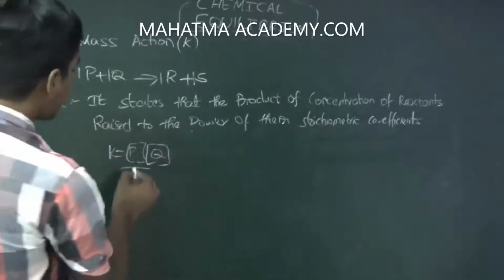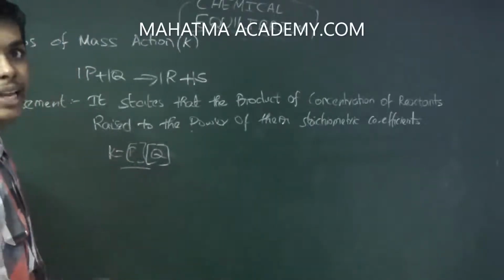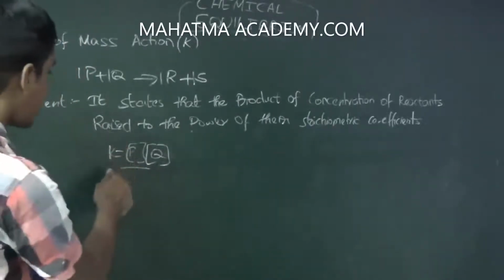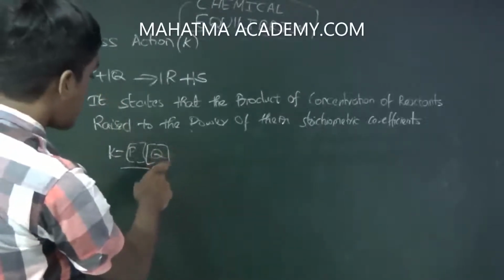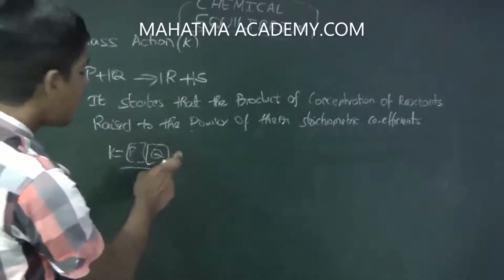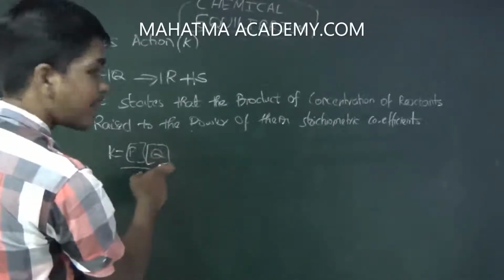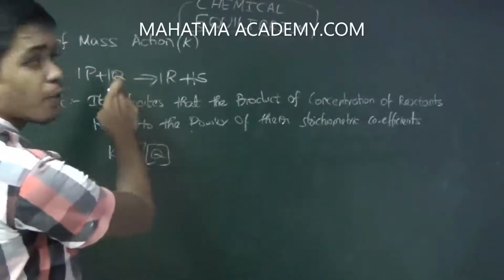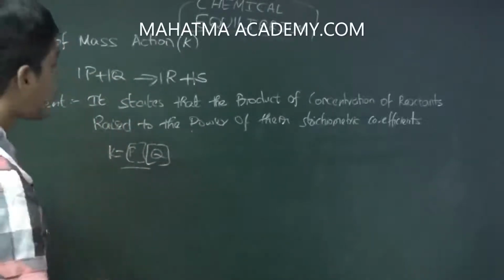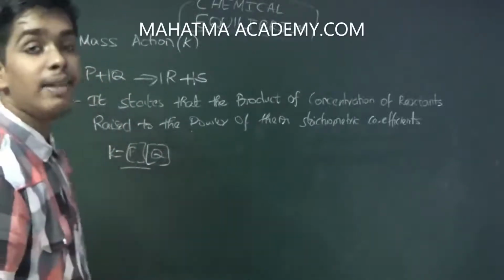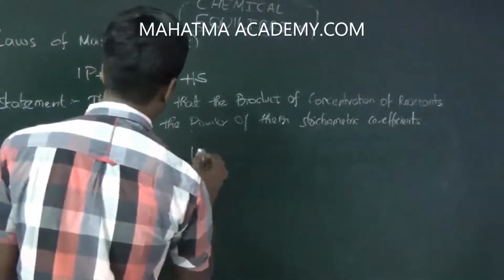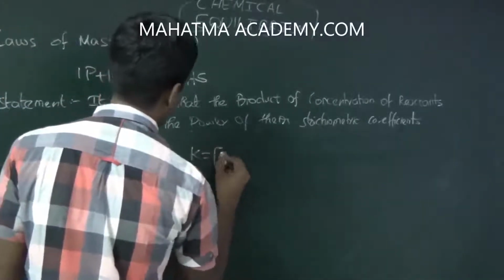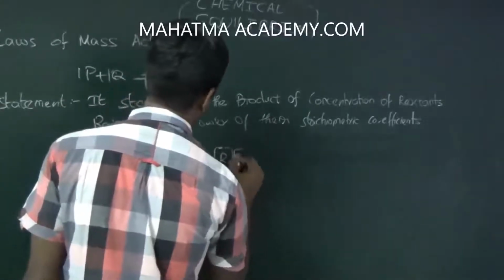The term in square brackets is the active mass of the reactant P, and the other term in square brackets is the active mass of Q. Now we can write for products also, K is equal to [R] and [S].